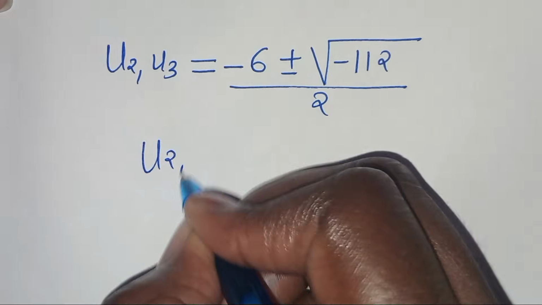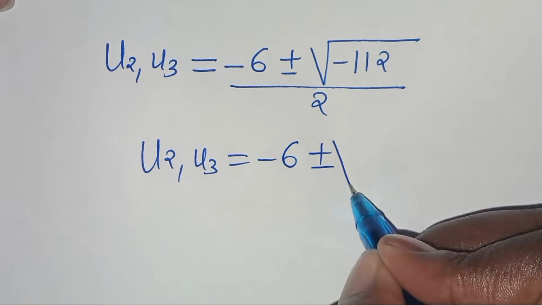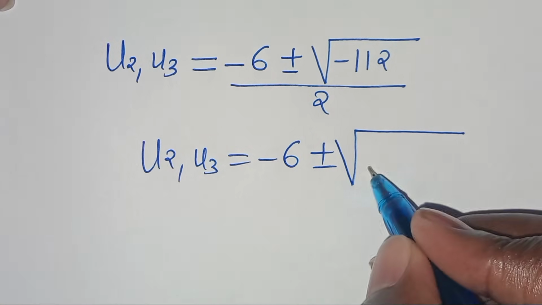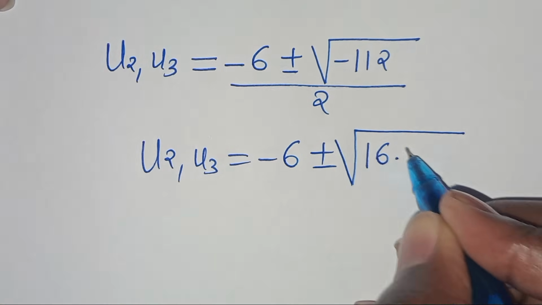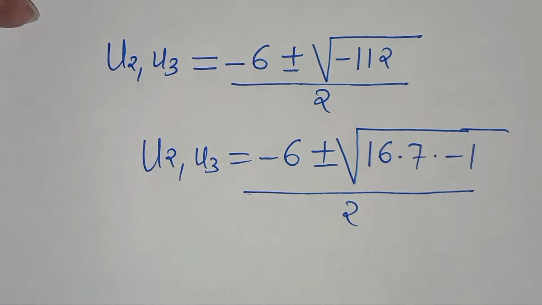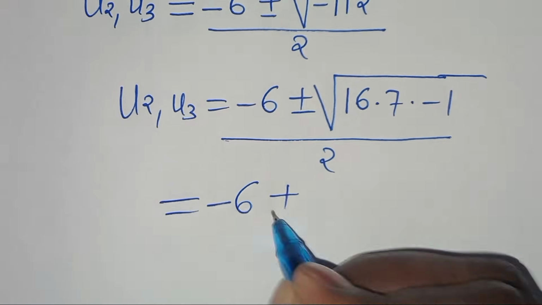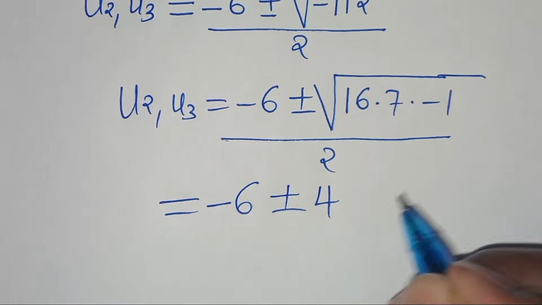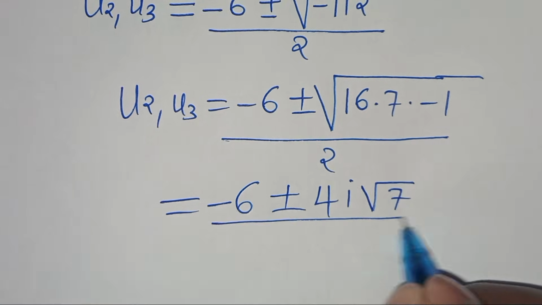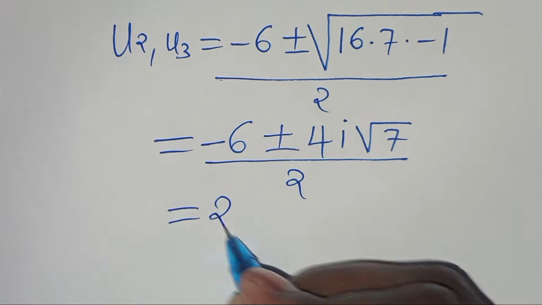We have u2, u3 equal to minus 6 plus or minus the square root of minus 112, divided by 2. We can express the square root of minus 112 as the square root of 16 times 7 times minus 1. So now this is minus 6 plus or minus the square root of 16, which is 4, the square root of minus 1, which is i, then the square root of 7, everything divided by 2. In the numerator, 2 is common, so we can factor out 2.